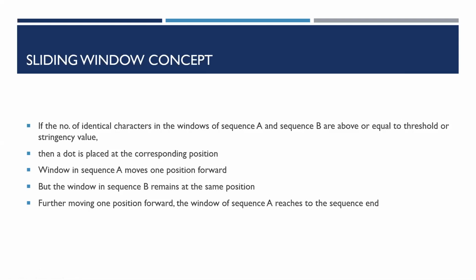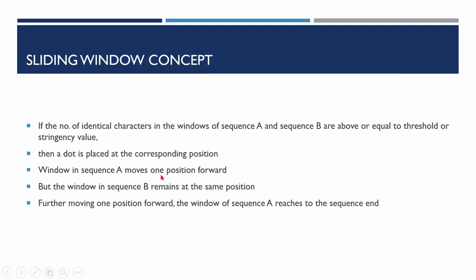Obviously, we need to compare the entire sequence, isn't it? So after that part is compared, the window of sequence A moves one position forward. That means from the second base or the second amino acid onwards, the next 10 residues are formed as a window. But the window in sequence B remains at the same position.